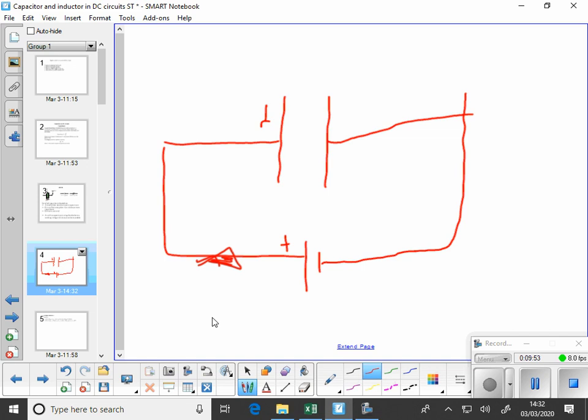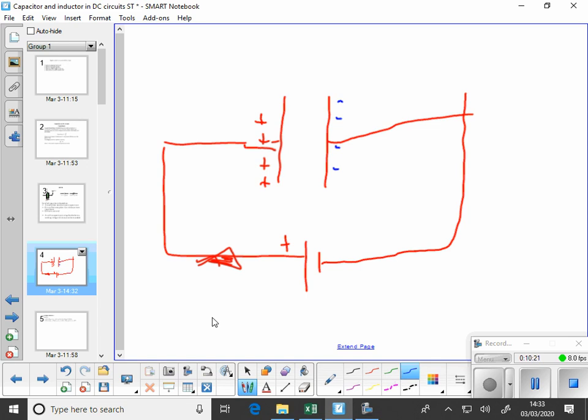We get one positive charge, repel, and on the other plate, we get an equal number of negative charge after a period of time.